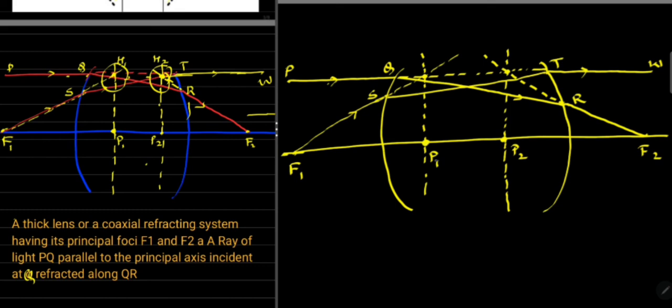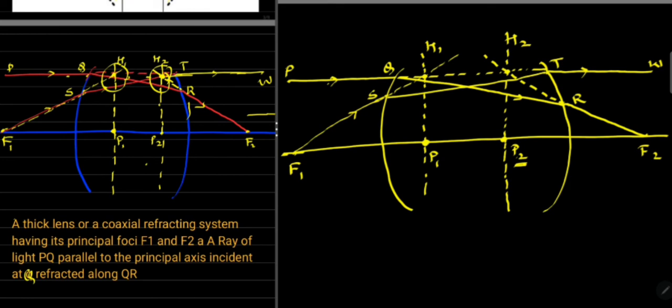This point is called the first principal point, and this point is called the second principal point. And the planes passing through those points perpendicular to the principal axis are called the first principal plane and the second principal plane. This is the scenario of this ray diagram.